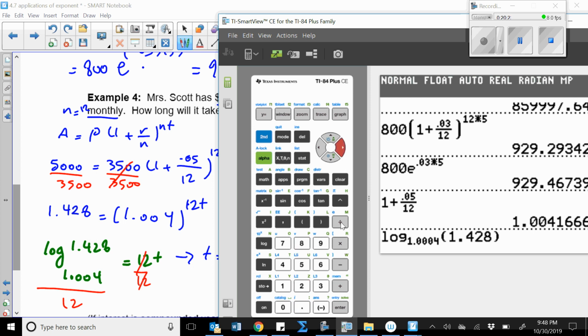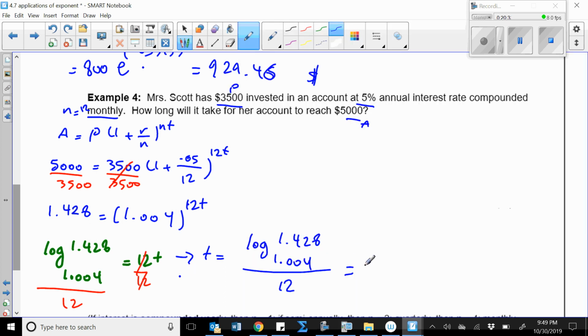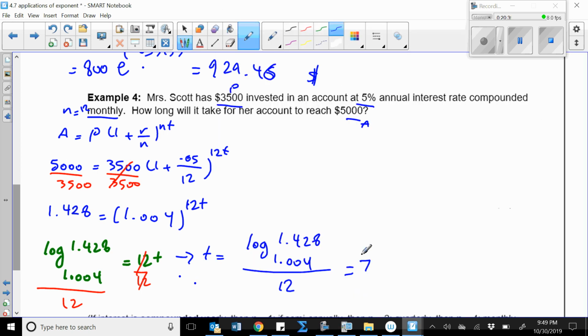So this value should be divided by 12 and it's equal to 74.238. So it takes almost 74 years to reach this amount.